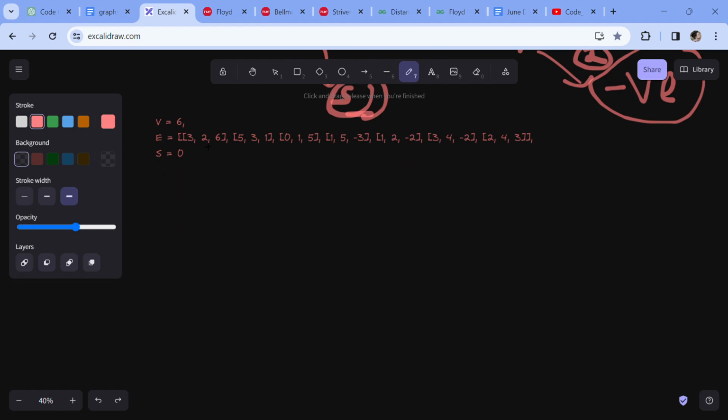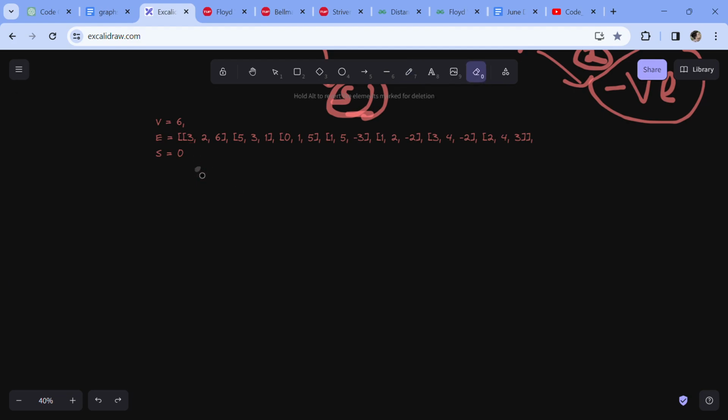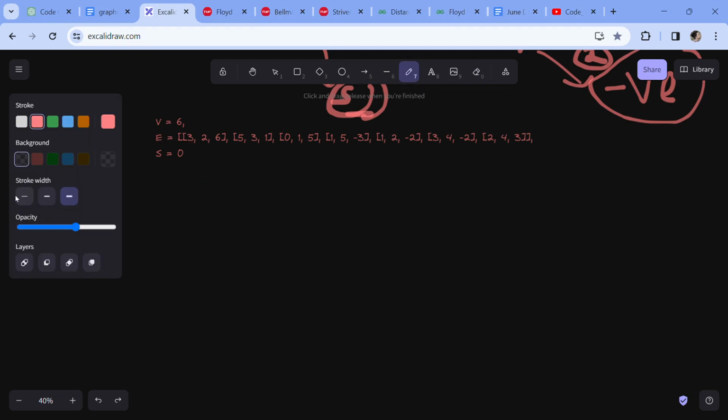The input is in this form: the first number denotes the starting point of the edge, and the next number denotes the destination, V. So there is an edge from 3 to 2, and the third element denotes the weight of the edge between the two nodes, 3 and 2. So the weight is 6.